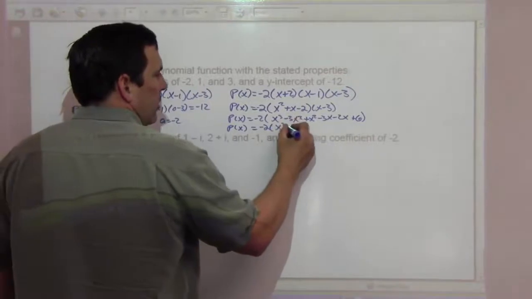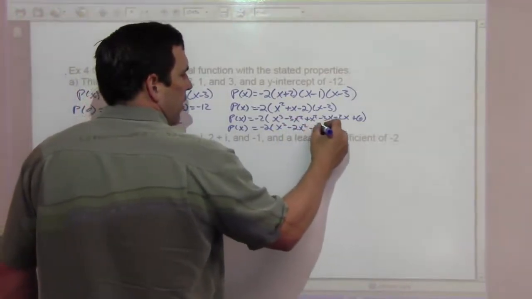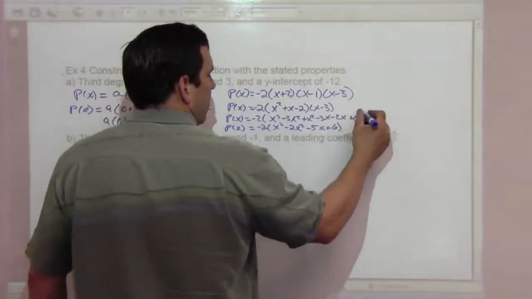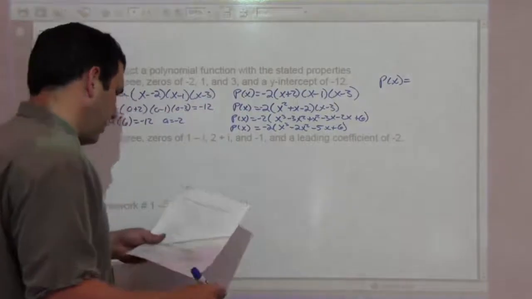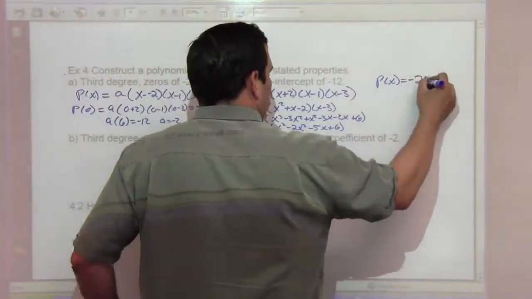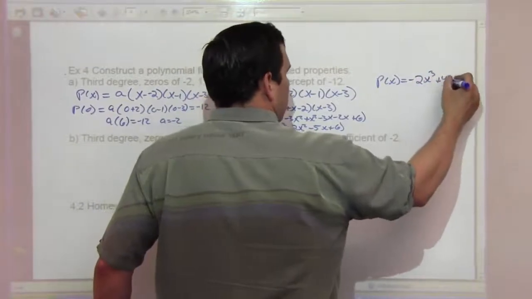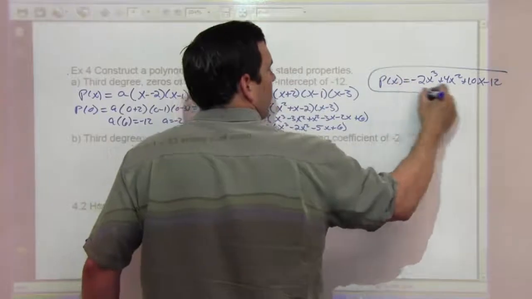It's x cubed minus 2x squared minus 5x plus 6. So if I distribute the negative 2 through there, it's going to be negative 2x cubed plus 4x squared plus 10x minus 12.